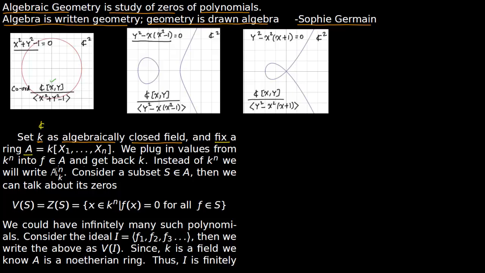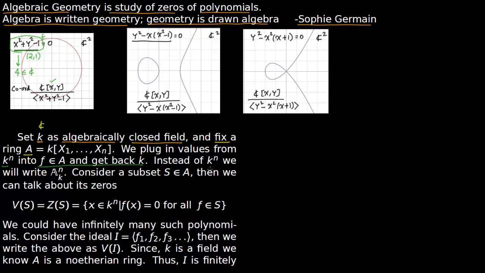Now you can plug in values from Kⁿ into some, say, f in A, and then you get back K. So this is nothing but the evaluation map. For example, f is just this function, and you're working in the ring C[x,y]. So you plug in (2,1) in here, then you just get 4, which is an element of C. So you are evaluating this polynomial f at the point (2,1), and that is precisely what we are doing here.